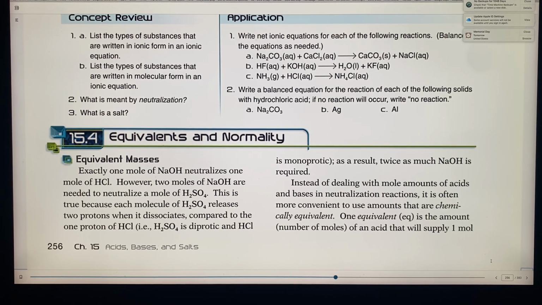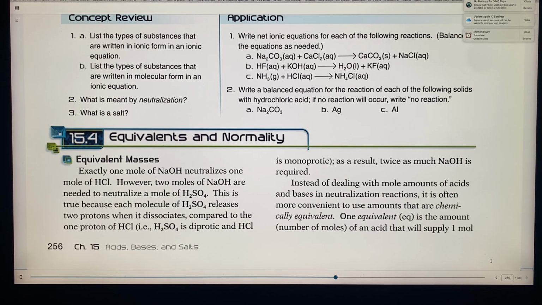But if you go on to H2SO4, you're going to see, because it says H2, there are 2 hydrogens there. So that situation is going to be quite different, because this is diprotic, because it has 2 hydrogens. This one only had 1 hydrogen. So we know it's going to release 2 protons when it dissociates.